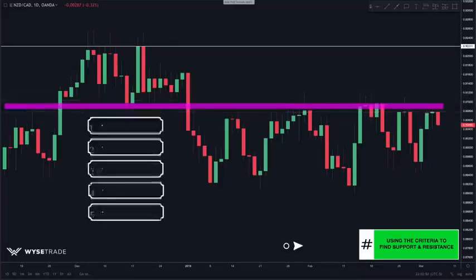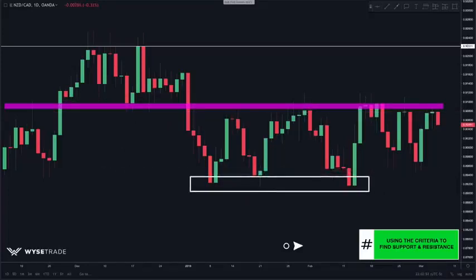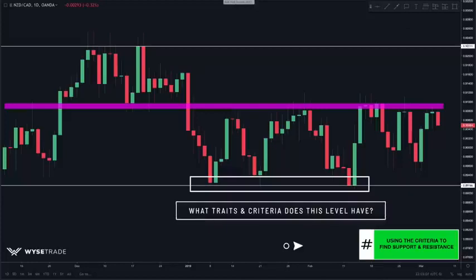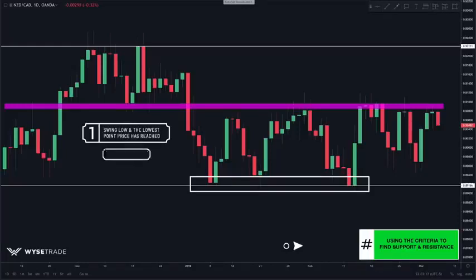Now, moving on down, we spot the 3 rejections here and draw in another level. So again, what criteria does this level have that makes it a good level of support? 1. It is the extreme swing low, meaning the lowest point price has reached in recent time. 2.